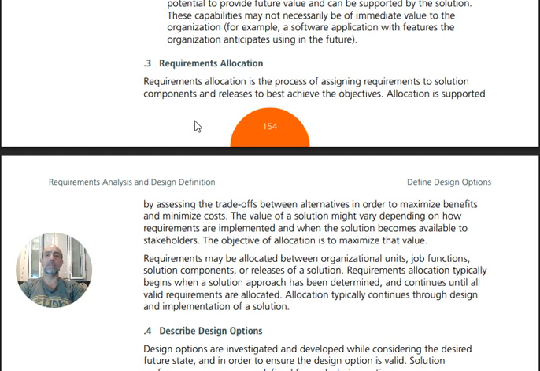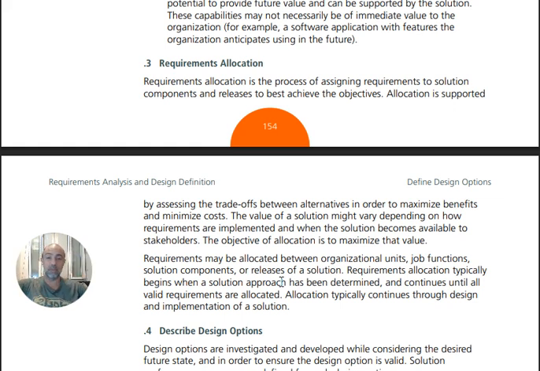And thirdly, allocation. Requirements allocation is the process of assigning requirements to solution components and releases to best achieve the objectives. Amazing. So, like I was saying earlier, in bits and pieces to different things. We're still using the meat metaphor.